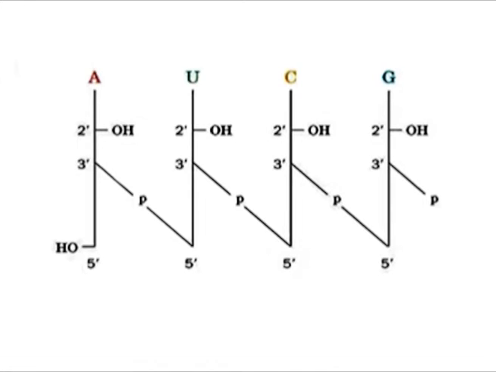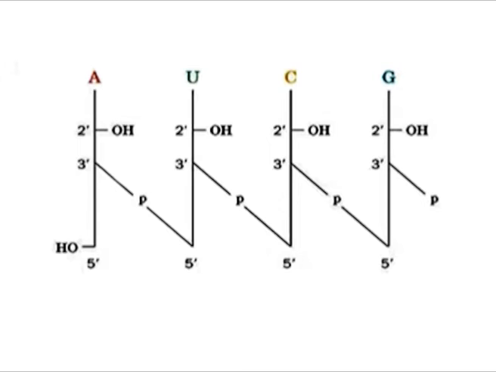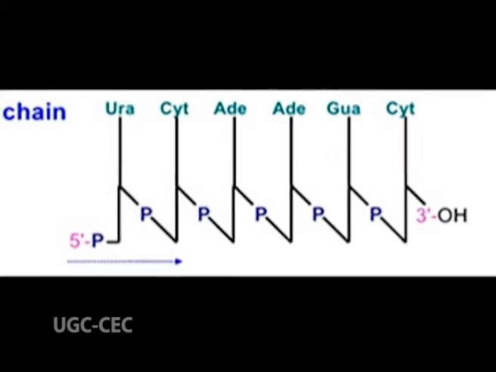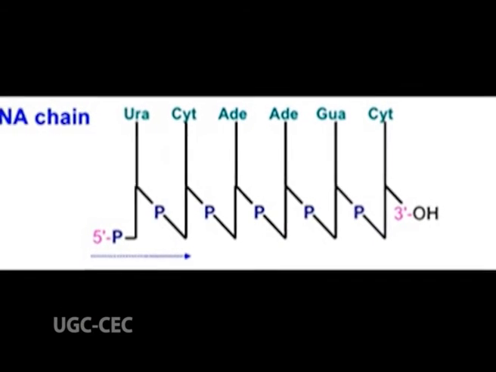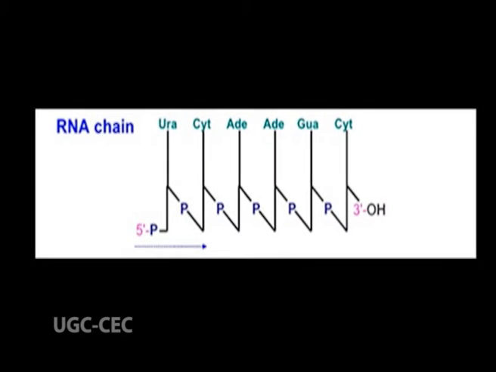In another representation, the lines are eliminated altogether and the formula is simply written in the form pA, pC, pG, and so on. In the nucleotide, the letter p is used to indicate a phosphate group. In this notation, when p comes before a letter, it indicates that the phosphate is attached to the nucleoside by a 5' linkage.